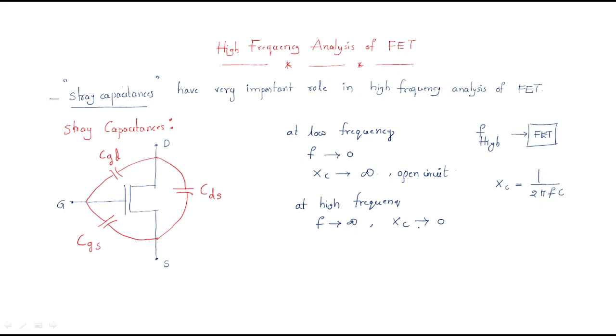Whenever XC becomes 0, the problem is that by the above condition, it will not work as an amplifier. So it doesn't work as an amplifier.